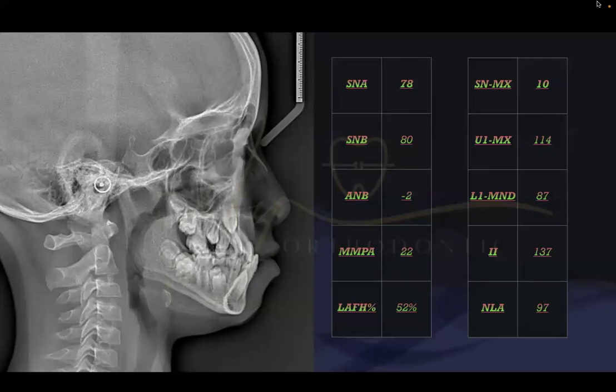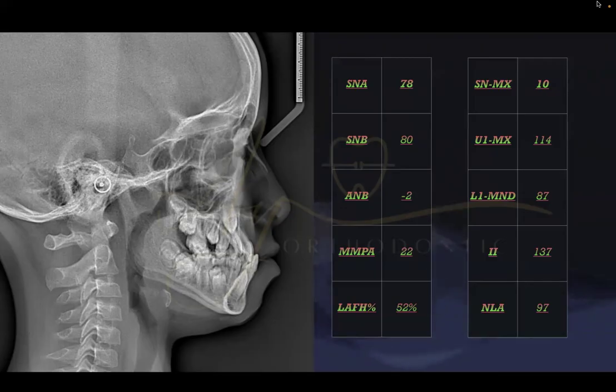A and B is also suggestive of the maxilla being backwardly placed, with an average lower face height. The dental parameter shows that the maxillary incisor is proclined, and the mandibular incisors are slightly retroclined.